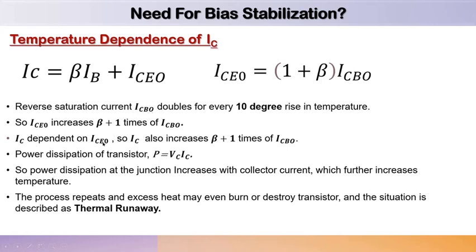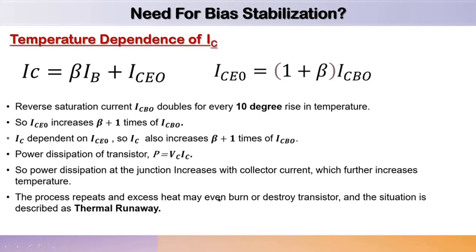Because of that, our IC will increase. As a result, power dissipation also will increase. As the power dissipation at the junction increases, the temperature again will rise. So this process will repeat, and finally it will lead to a situation like thermal runaway.